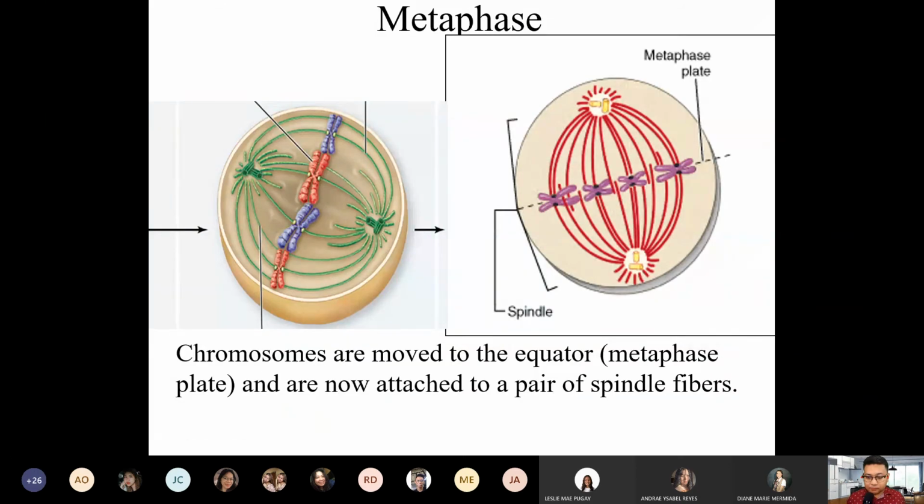Metaphase, our chromosomes are now aligned. Earlier they were only condensing, but now they are aligned within the equator. Our spindle fibers are now attaching. And that is our metaphase.